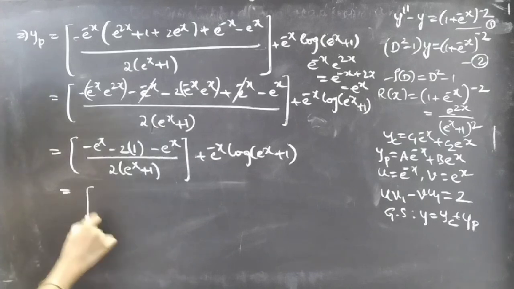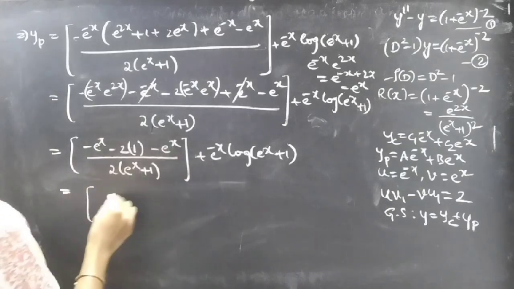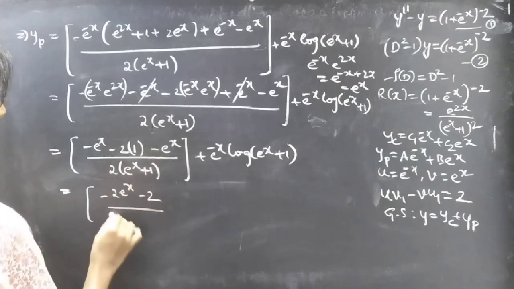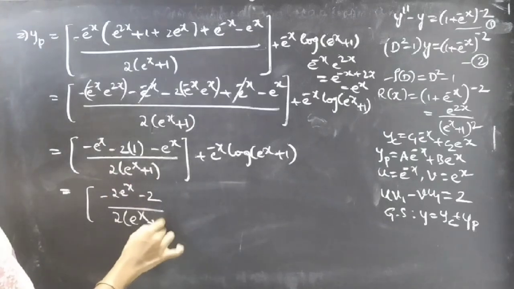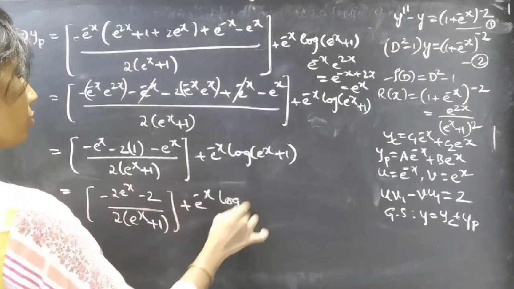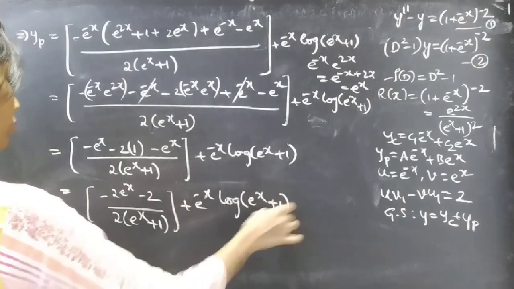This becomes minus e power x is minus 2 e power x, minus 2 into 1, 2, by 2 times (e power x plus 1), plus e power minus x log of (e power x plus 1).